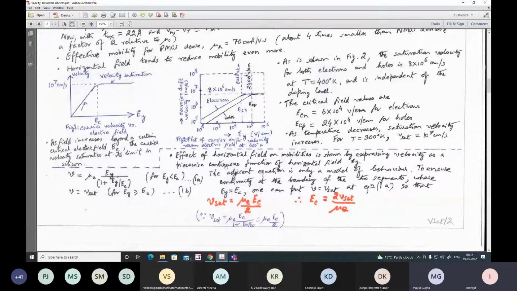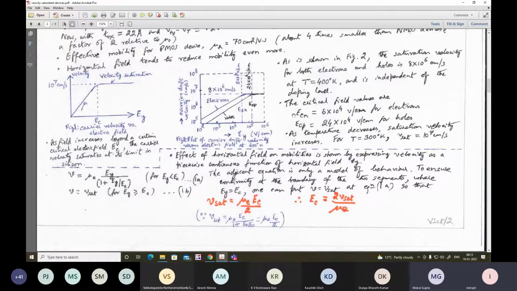This is taken care of by expressing the mobility, or velocity, as a piecewise function of electric field. That means prior to reaching the critical electric field, the velocity tends to increase linearly with field, because of the conventional relation that velocity equals mobility times the electric field.